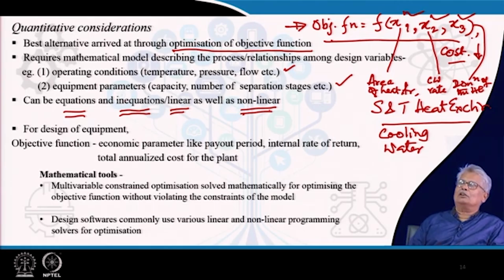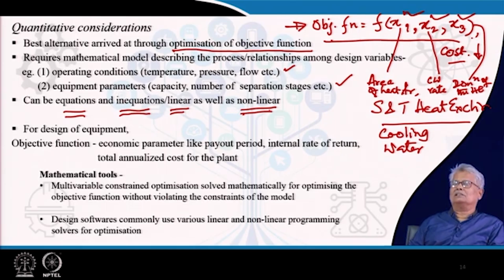So, instead of saying that it is most economic, I could also have a target like efficiency or the number of stages in a plant or some other technical parameter, by maximizing or minimizing which we achieve the same economic objective.